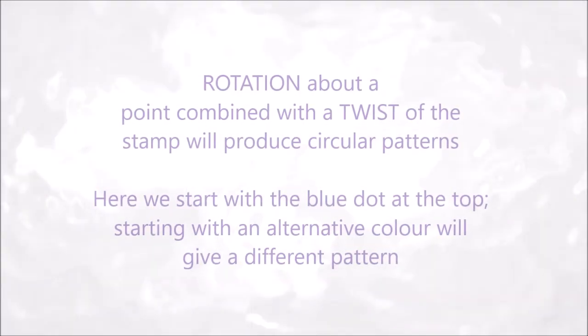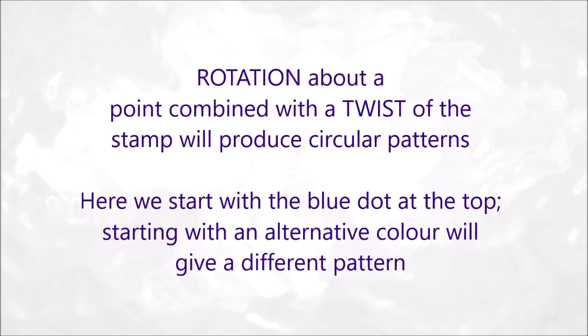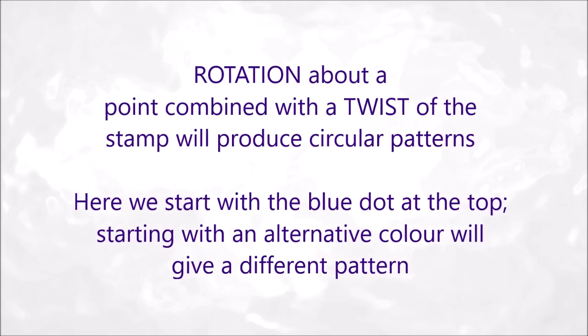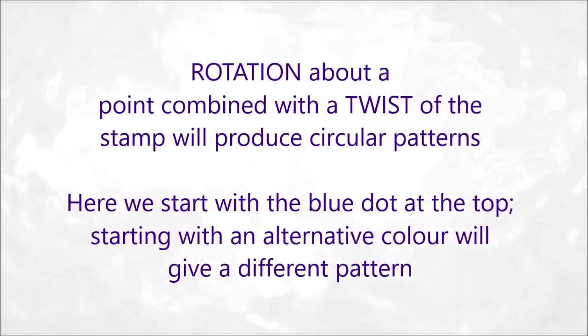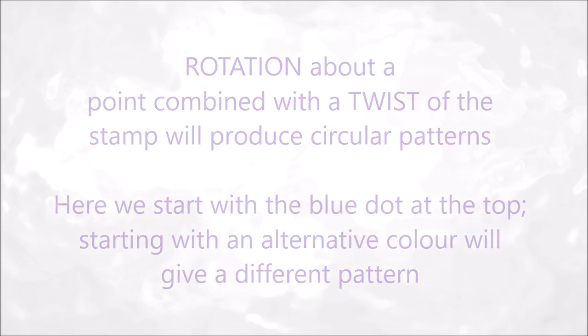Rotation about a point combined with a twist of the stamp will produce circular patterns. Here we start with the blue dot at the top. Starting with an alternative colour will give a different pattern.